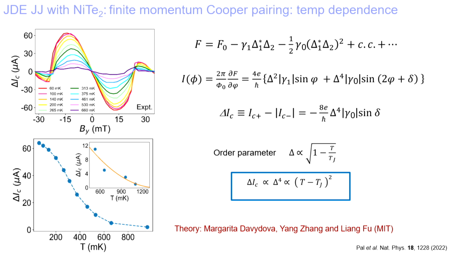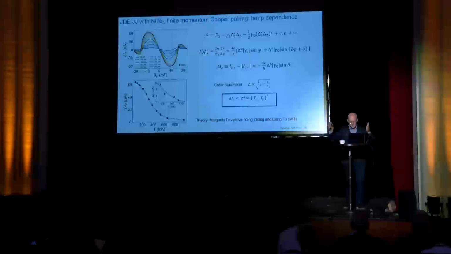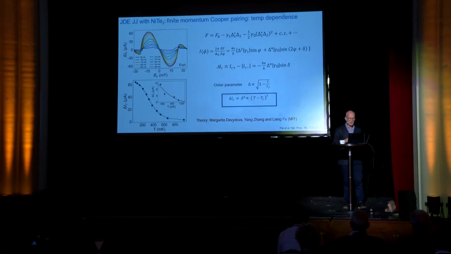This is the idea. And this theoretical model predicts in particular how the difference in the critical current goes proportionately to temperature minus the proximity temperature of the nickel ditelluride to the power 2, and you can see our results fit this very well.